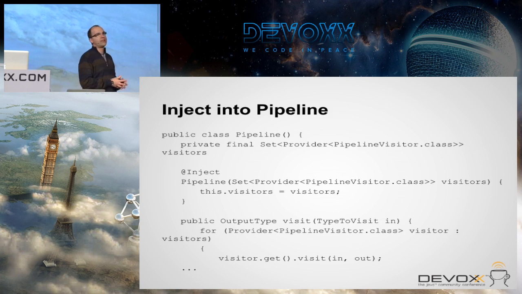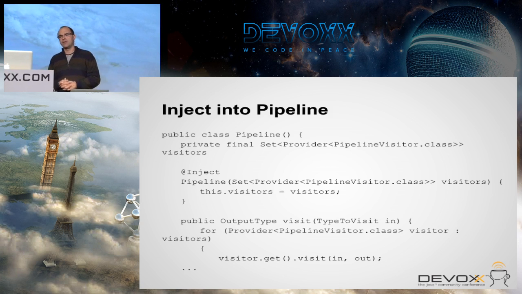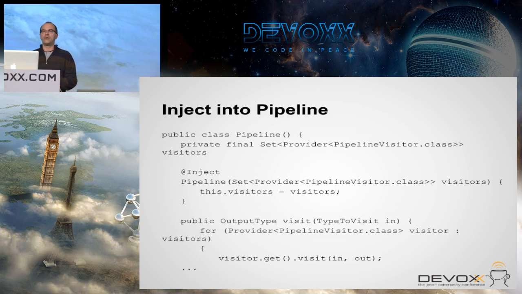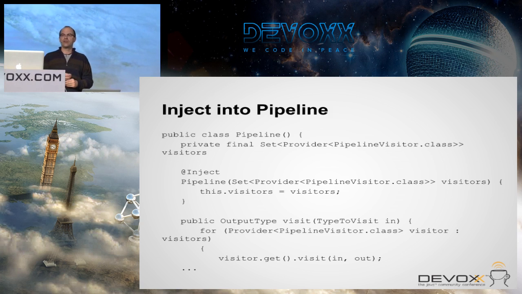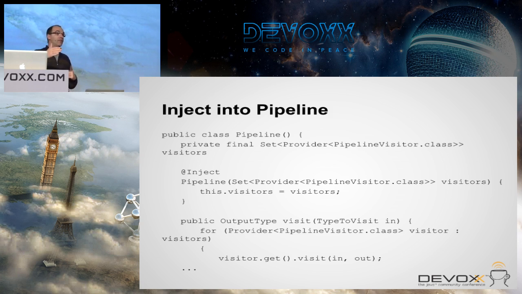One of the things which is really great at this point is the ability to then test the pipeline in isolation, right? You can pass to the pipeline a set of mock visitors just to test that the pipeline is behaving normally. So you can test each visitor much more simply, because you do not have to provide this humongous context object with all these dependencies for every single test.